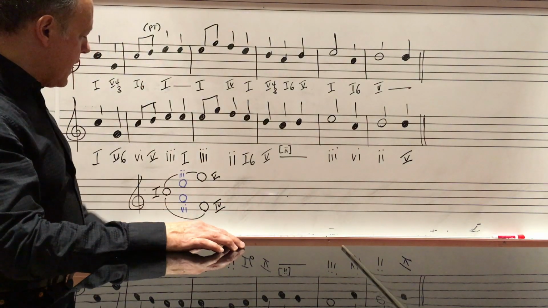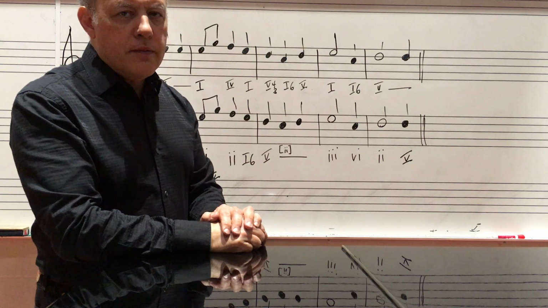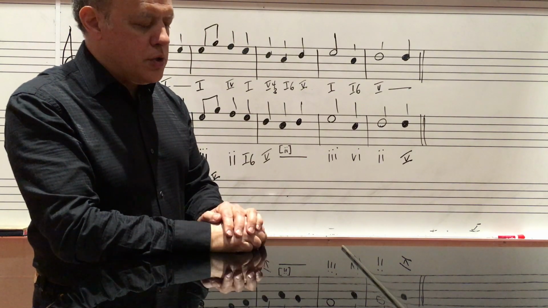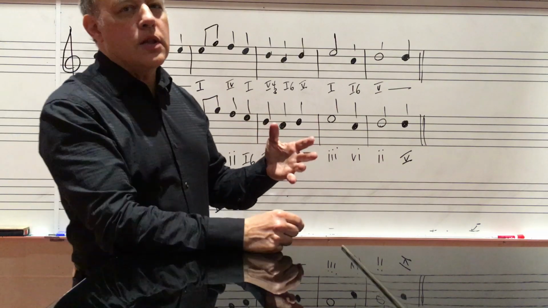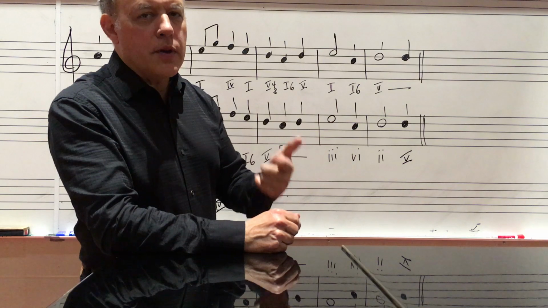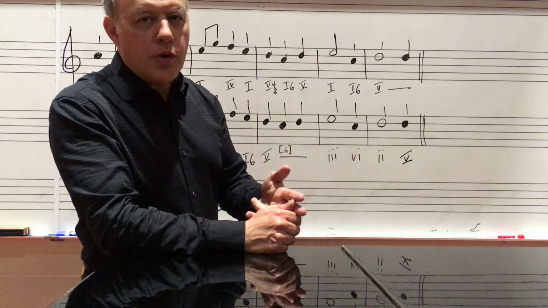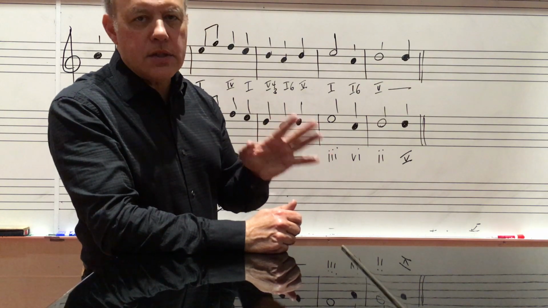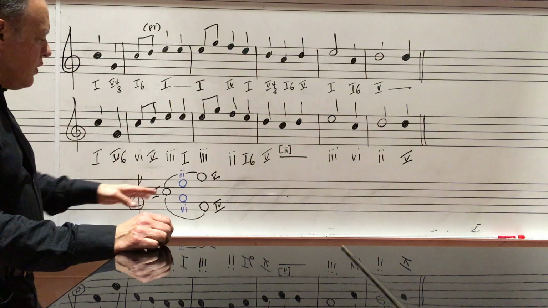And when we look at a pattern like that, right away we start to see that new bit of information that we were introduced to in the previous video about root progressions. Up to this point in the course, we've dealt with just two types of root progression, by fifth and by second, and now we're going to be interested in root progression by third. That will be the last type of root progression that we learn for this course. And we can see that here.